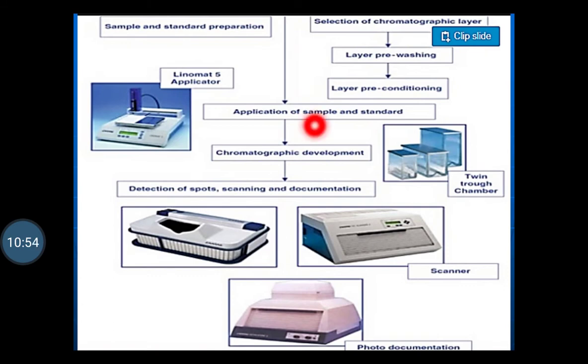Here you can see the different steps used in case of high performance thin layer chromatography. First of all, the selection of the chromatographic layer you have to perform, then layer pre-washing is done and layer pre-conditioning is done.